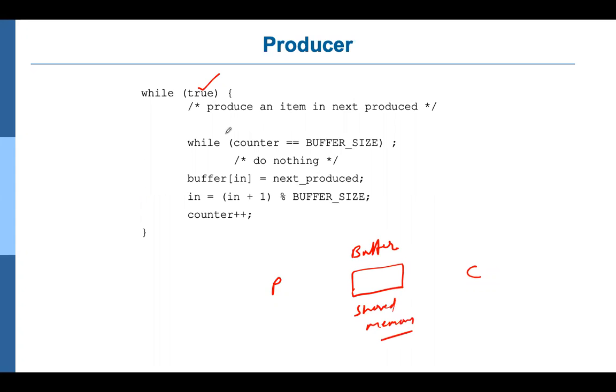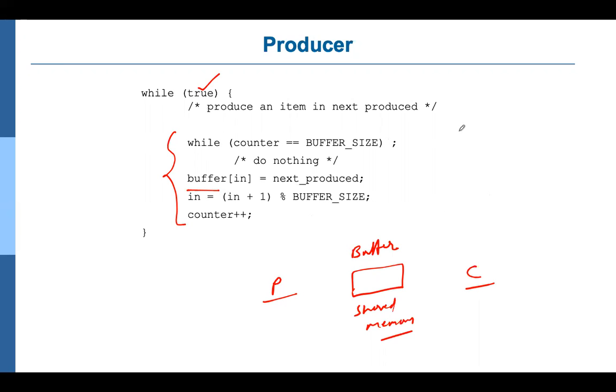So you see, we have a buffer, and this buffer is going to be used between two processes. One process is a producer, another process is a consumer. Producer is producing, and what it is doing is an infinite loop, you can say: while counter equal to buffer size.